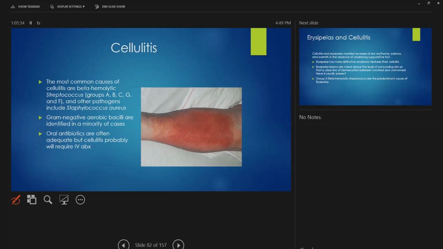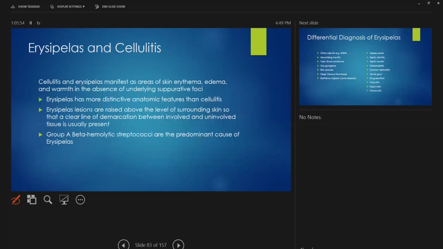So if it's not strep, it's probably staph. Sometimes gram-negative infections can occur, but they're not super common. Oral antibiotics are often going to work well for this, or if the patient is sick enough, they might need IV antibiotics.